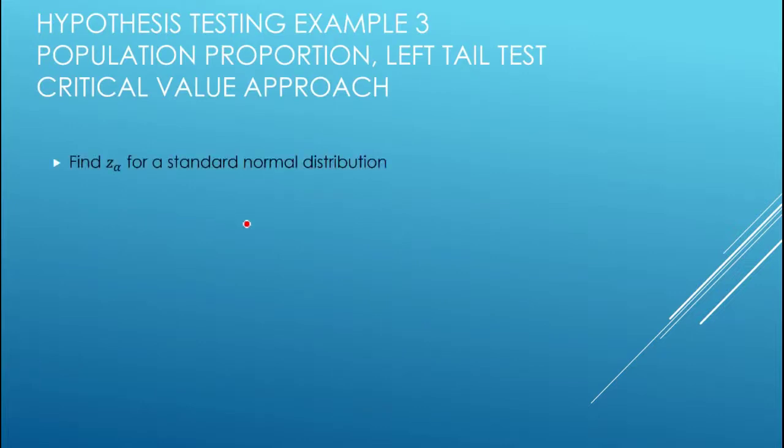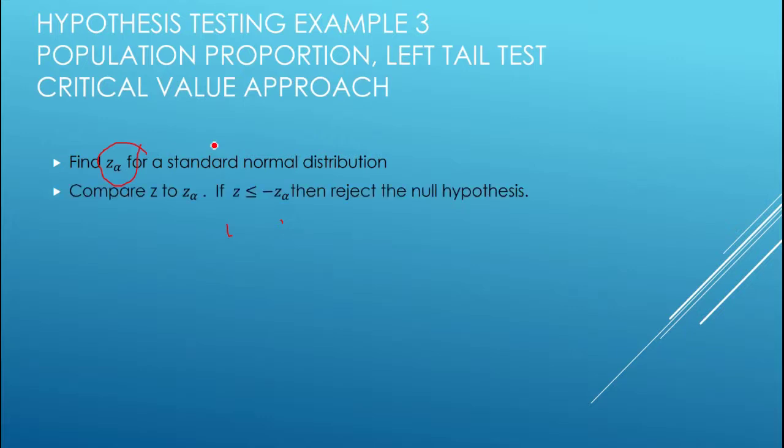You can also use the critical value approach. Here we have to find z alpha. You can look that up in a table or use a formula in Excel or some other software package to find the value of z for which 5% of the area is to the left of z, not to the right of z, but to the left of z. So whatever table you're using, or formula in a software package, make sure you're using it correctly.